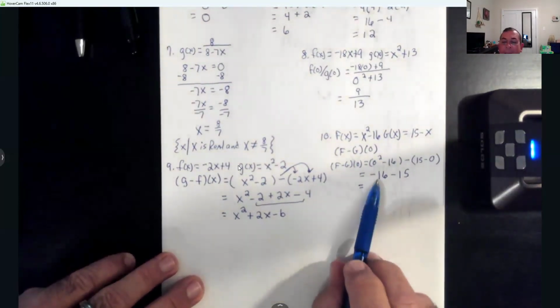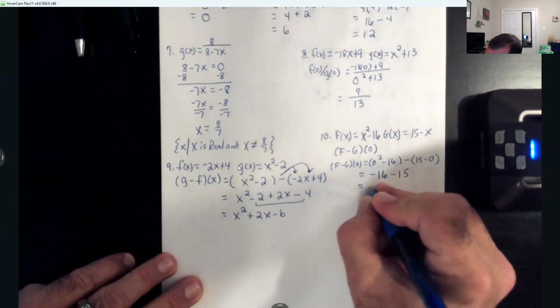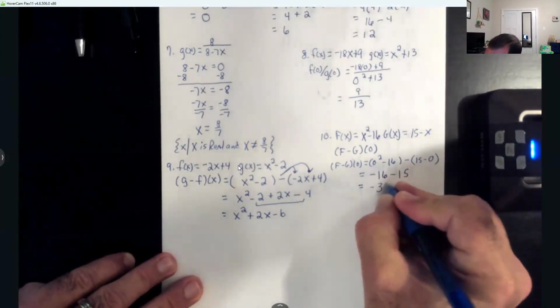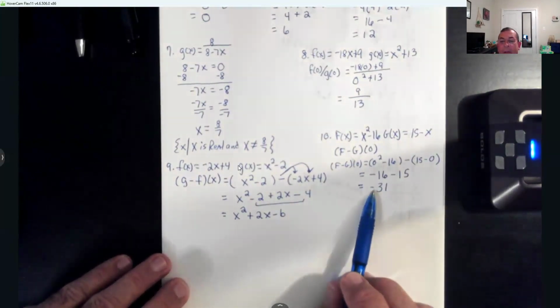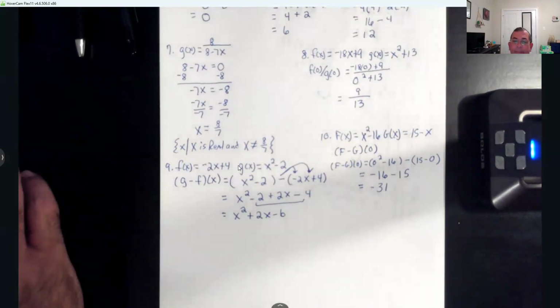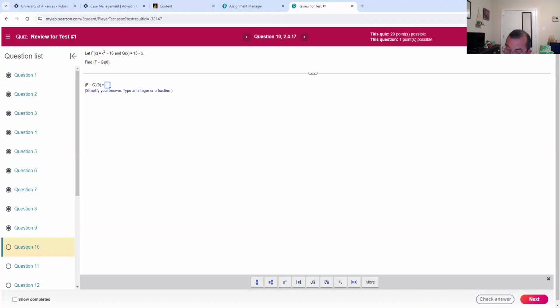So basically, negative 16 minus 15 gives us a negative 31. So remember, like signs, add and keep them negative, okay? All right, so that was number 10, and we put in a negative 31.